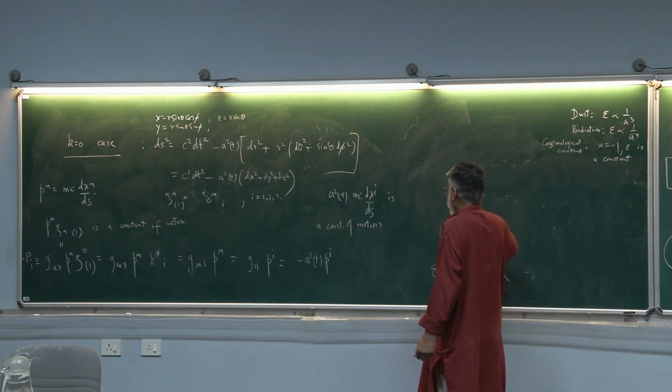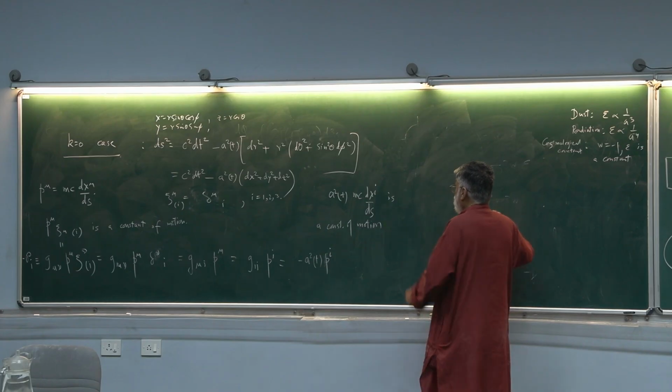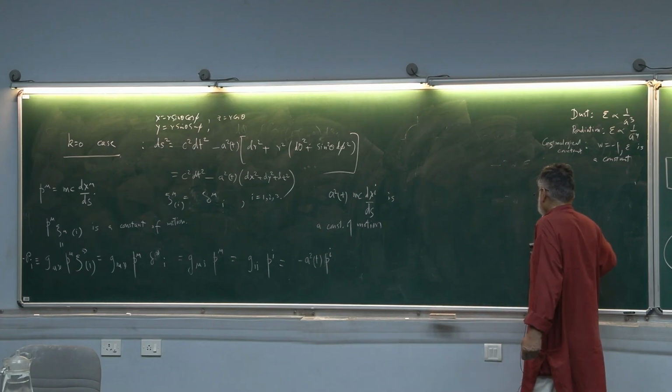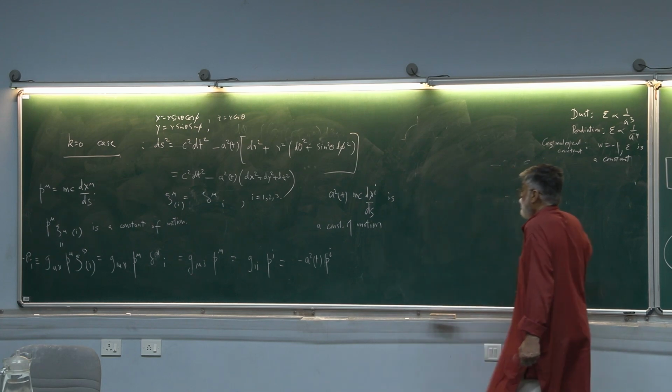But we have to now interpret that these 3 components mc dxi by ds are a constant of motion.